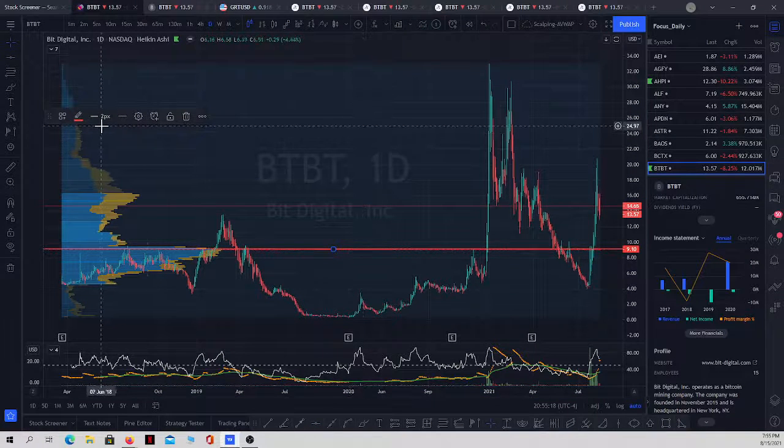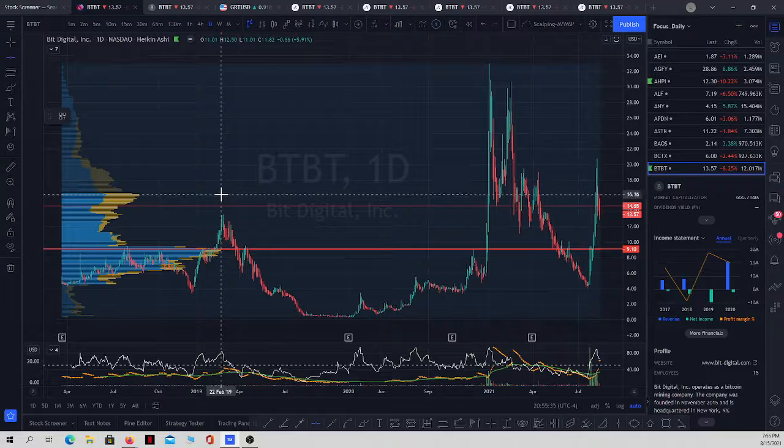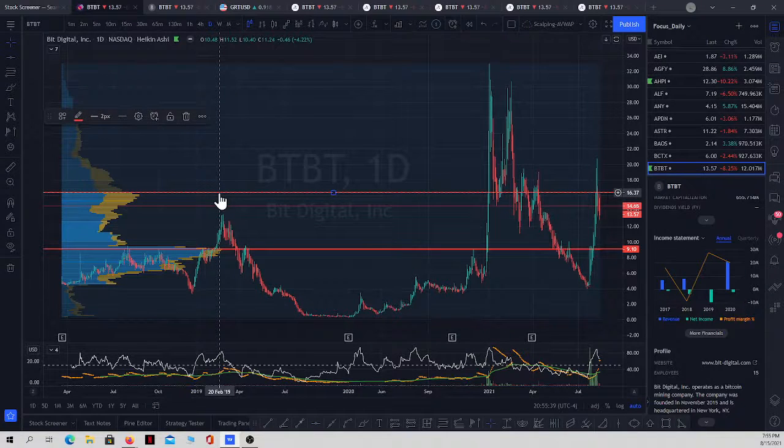Okay, this will act as either a support or resistance solid line based on where the price will be located. And then I'm gonna take this as well as another line, support or resistance line, and as well here.